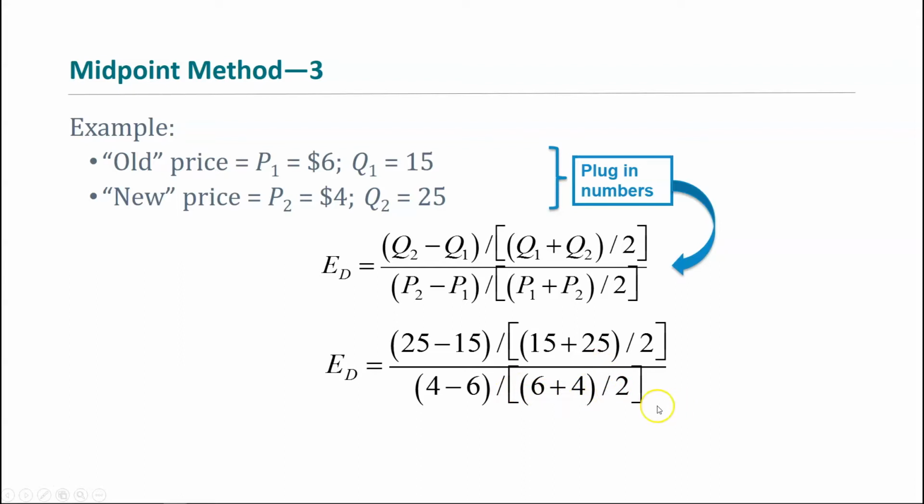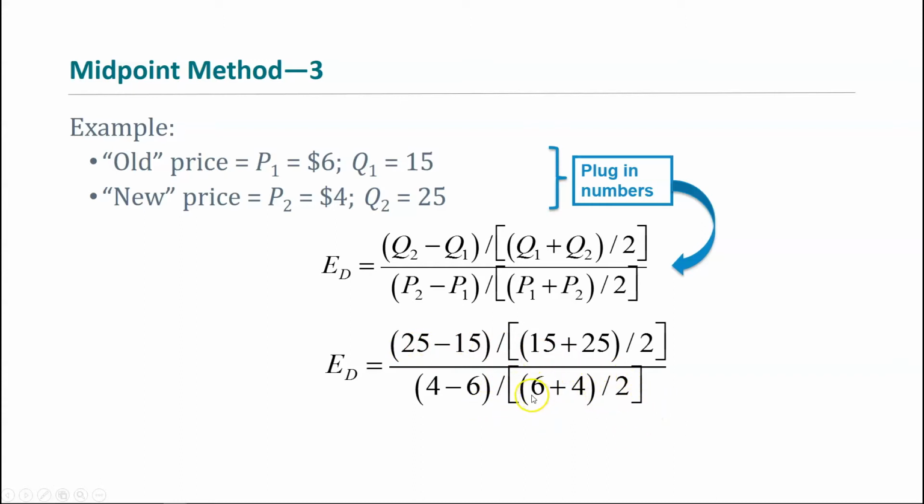Right? And again, I would do this in pieces. So first figure out what the midpoint is. 15 plus 25 divided by 2. The midpoint between 15 and 25 is 20. Right? Then do 25 minus 15 divided by 20. Then figure out the midpoint in the prices.